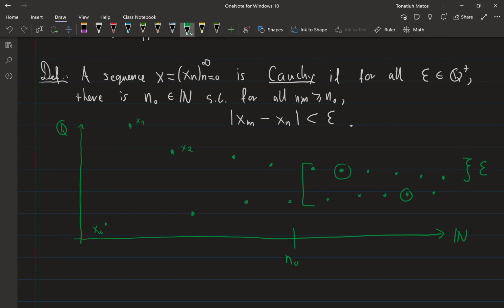Now, this is very similar to the way that you define a limit of a sequence. The advantage of doing it the way I'm doing it now, which is going to be slightly different, by the way, is that here I don't have to tell you what the limit is if it exists, right? I'm not saying the limit is L for some real or rational number L. I'm not telling you that at all. I'm just saying these numbers approach themselves.